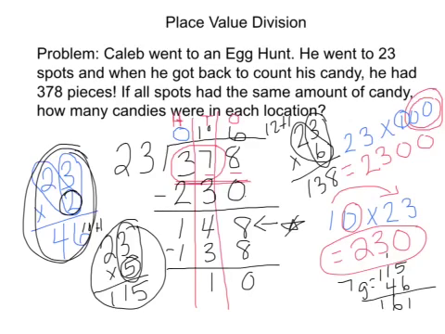Because 23 does not fit into 10, the 10 is our remainder. We cannot get another group of 23 out of that. And we now know that our answer would be a group of 10 and 6 ones. So the answer would be 16 with a remainder of 10.